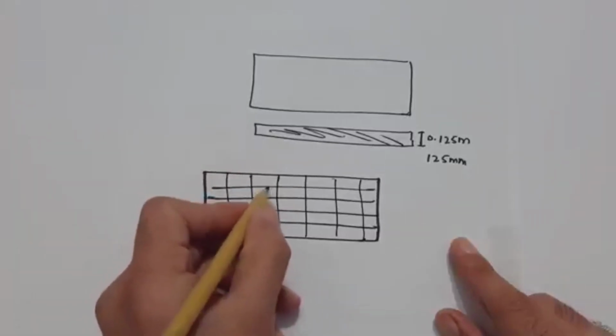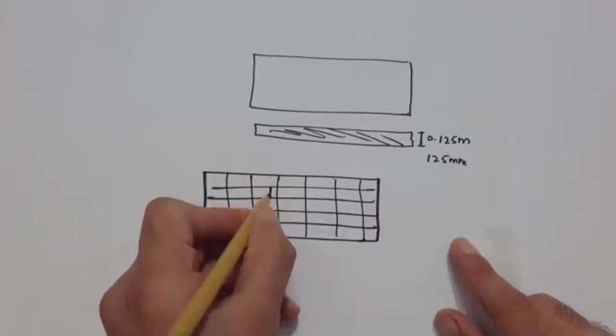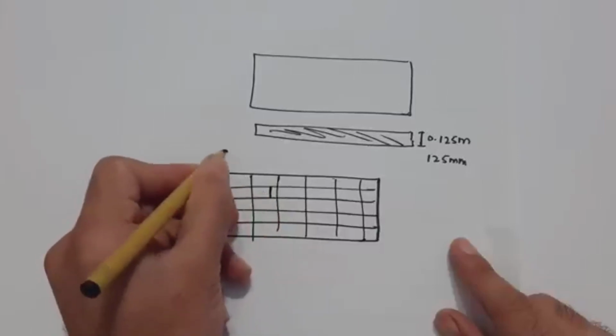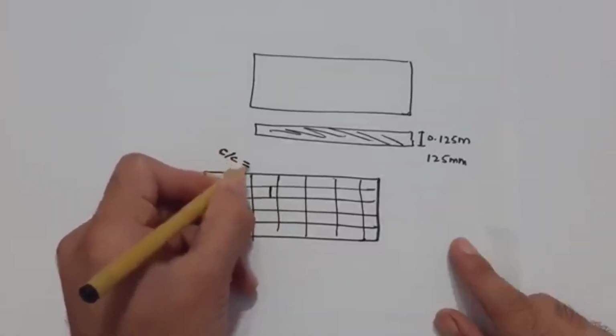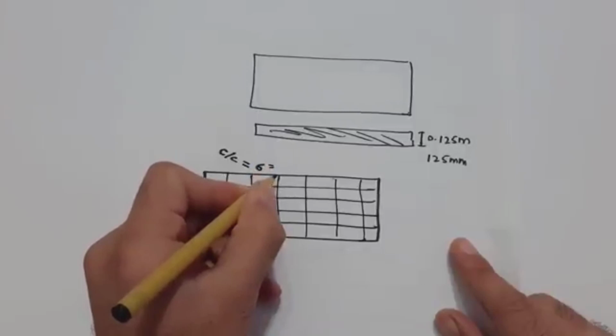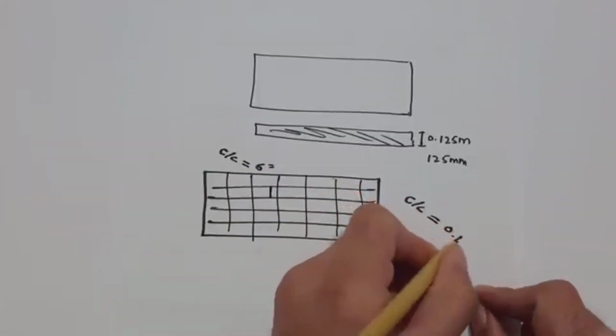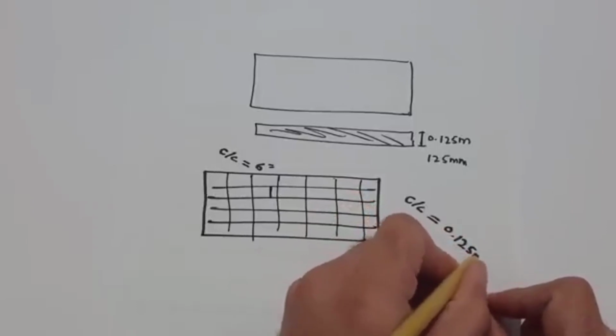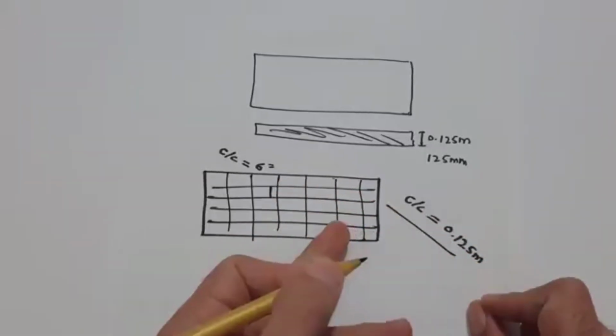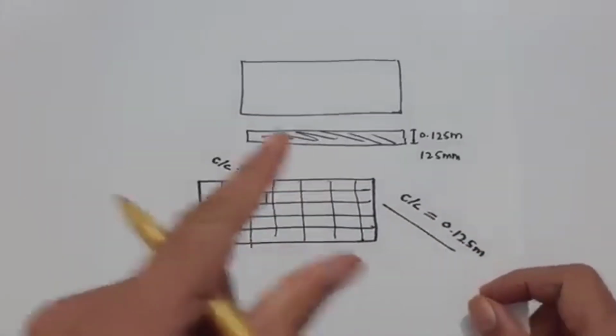So the space between two steel rods we can say C/C, for example, 6 inches, or C/C is equal 0.125 meter, etc. So it means spacing between two steel rods.